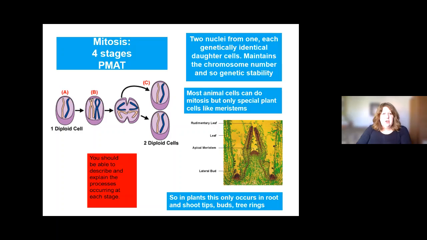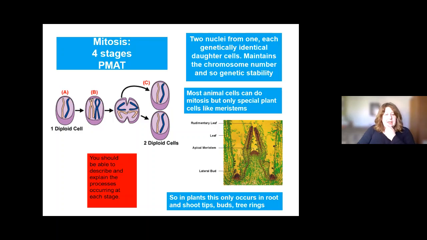We can see here the idea is that we have diploid cells producing genetically identical diploid cells of exactly the same chromosome number. All the alleles are absolutely identical. So we say that we get two nuclei from one, and of course in doing so we're maintaining that chromosome number. So if we're chimpanzees, we're maintaining the 48 diploid number.